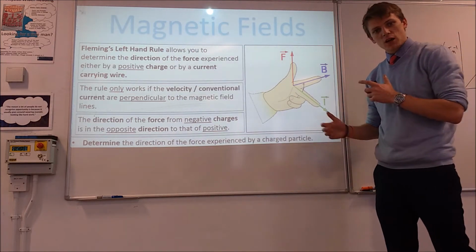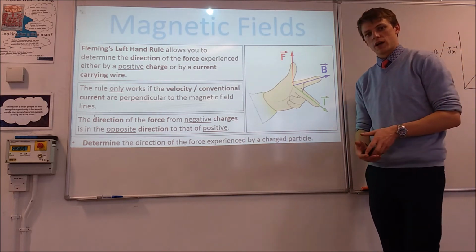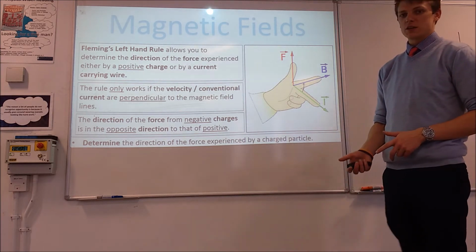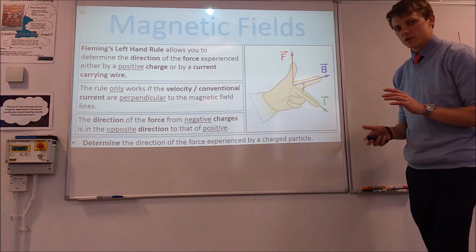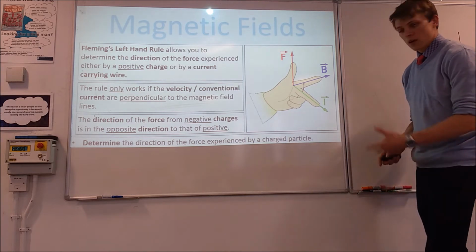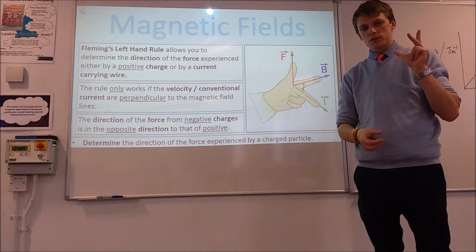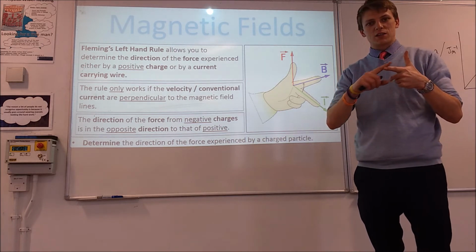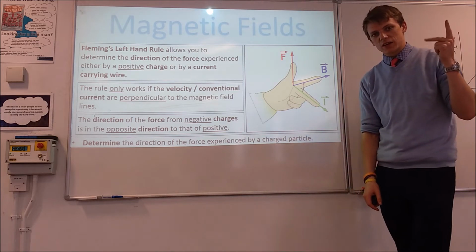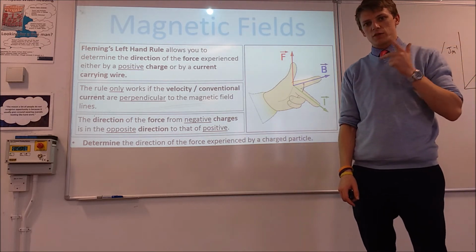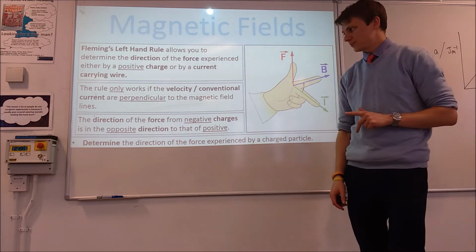Many of you may have come across this before at GCSE. It's called Fleming's left-hand rule, and it allows you to work out the direction of the force based on the field and the direction of the charged particle. With it set up like this, your thumb represents the direction of the force, your first finger represents the direction of the field, so it should point from north to south, and your middle finger represents the direction of the velocity perpendicular to the field, so the v sine theta effectively.